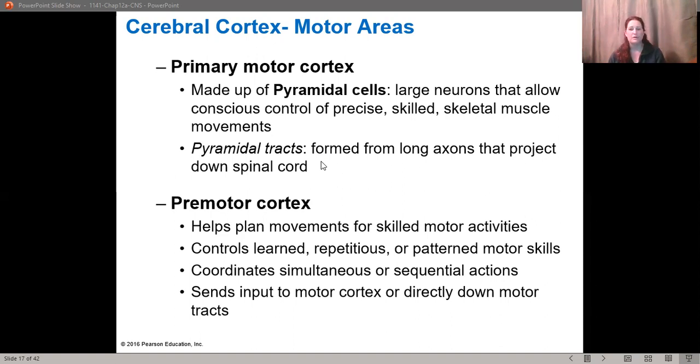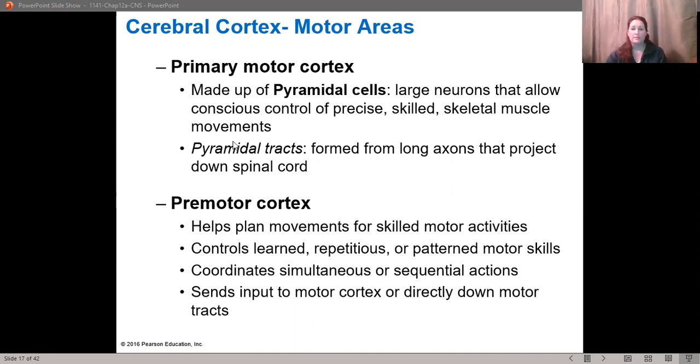So the premotor cortex is the area of the cerebrum that plans movements for skilled motor activities. It will be responsible for the amount of force, for planning the timing between movements, planning which muscles will contract at the same time or in sequence.